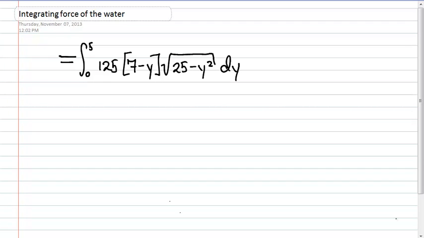Okay, let's talk about how we're going to split up this integral. It looks kind of complicated, but we can really break this down. What we're going to do is multiply it out, and when we multiply it out, we're going to get something that looks like this.